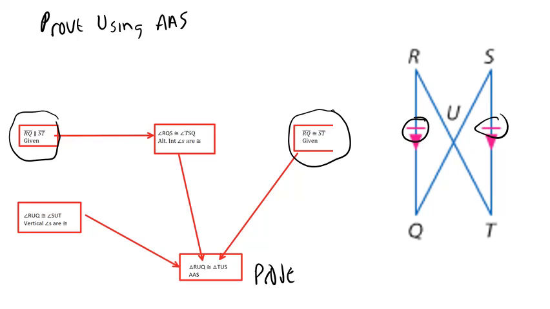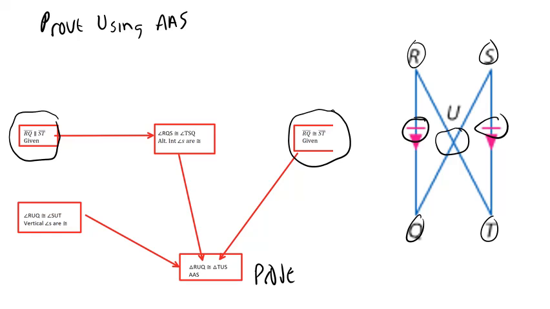Now, there's actually more than one way that we could prove that these triangles are congruent, but we're asked to do it angle, angle, side, which means that we either got to be doing this angle and this angle, or this angle and this angle, and we've got the vertex here for both of these triangles is U. So we're focusing right there and then angle, angle, side.